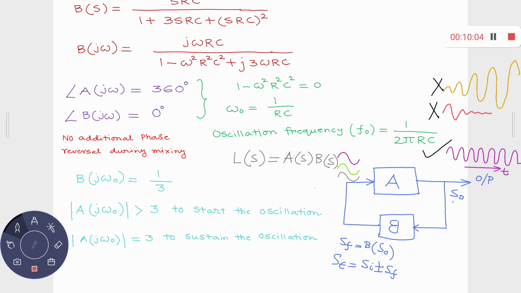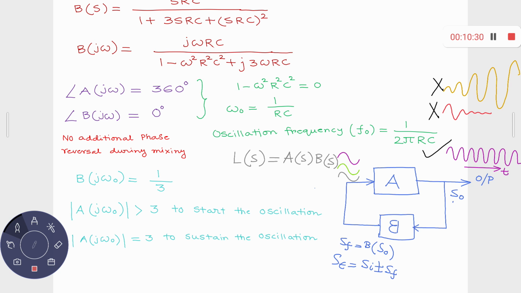And whenever the Barkhausen criteria is satisfied only for a single frequency, then this sustained oscillation is possible only for a single frequency. As I told you last day, typically whenever you just power on the circuit, the initial input is coming from the external environment, the external noise.